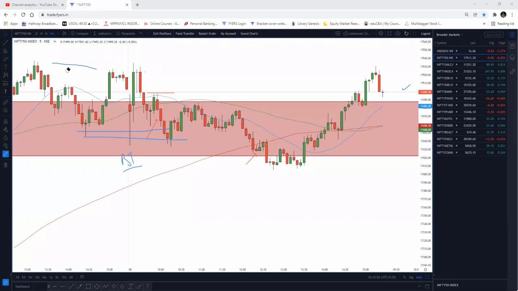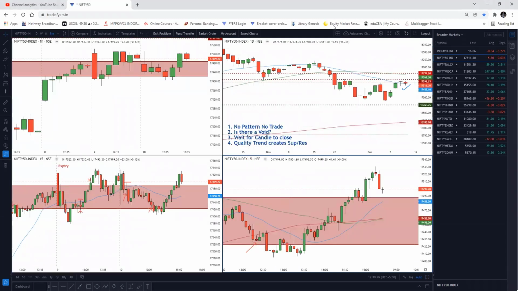So now what I did was I waited for the right opportunity, because as I have mentioned, and as you can see in my daily time frame, no pattern, no trade, right?